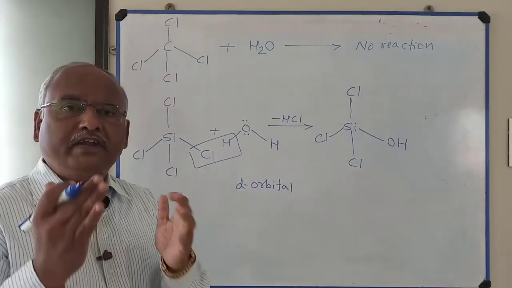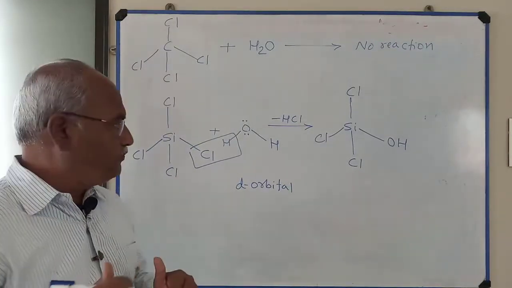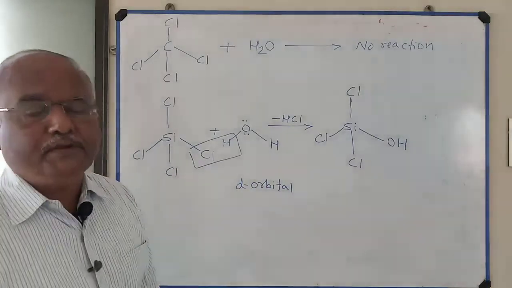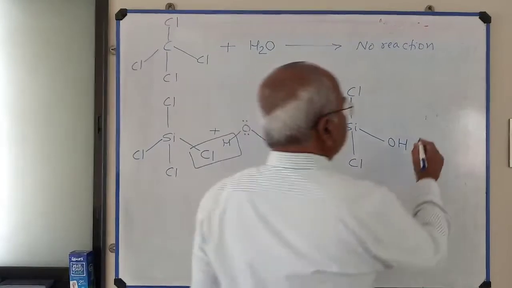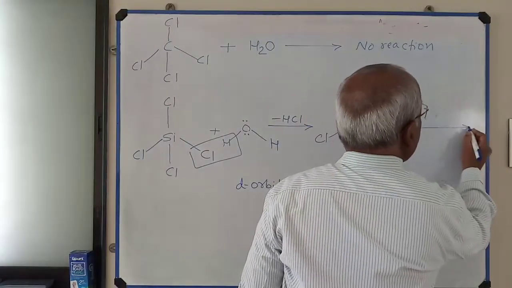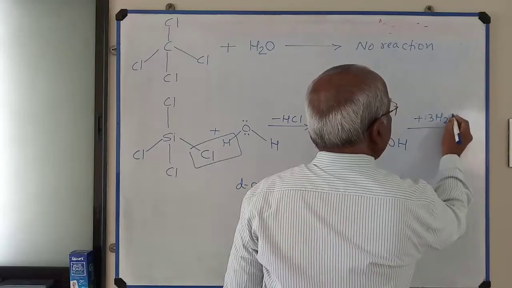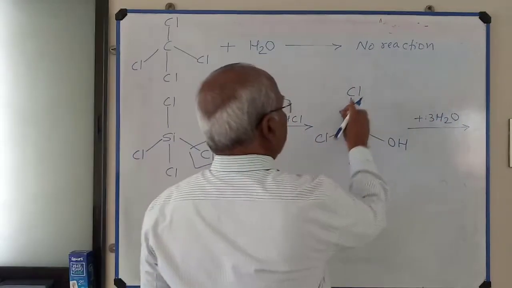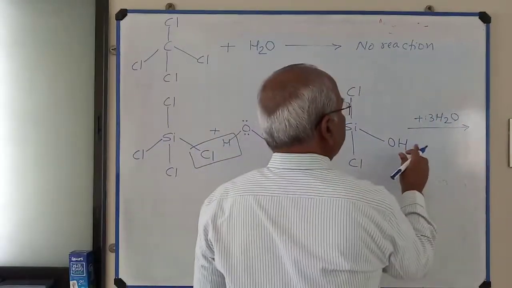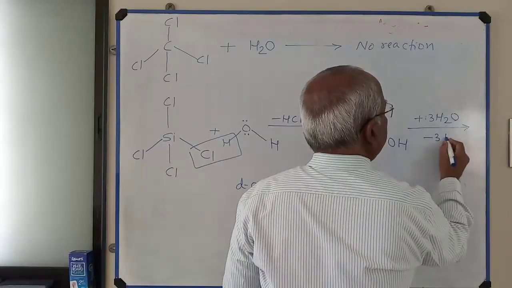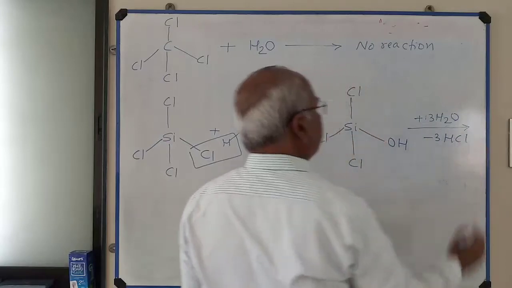Silicon takes this pair because it contains d orbital. Further hydrolysis takes place. I write here plus 3H2O. These 3 chlorines react with 3 hydrogens, minus 3 HCl molecules.